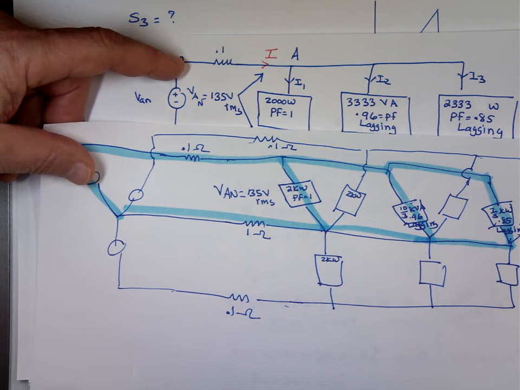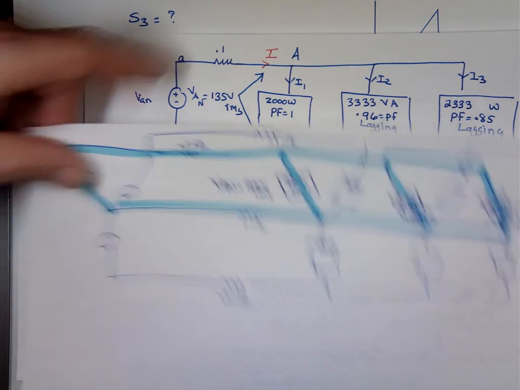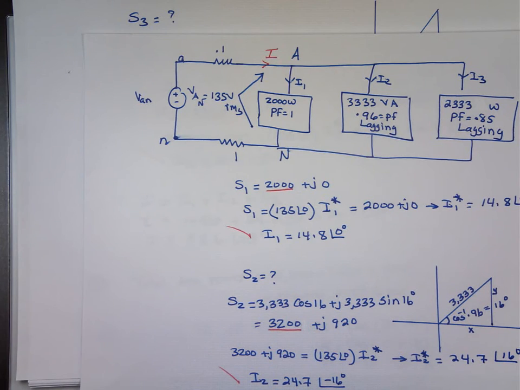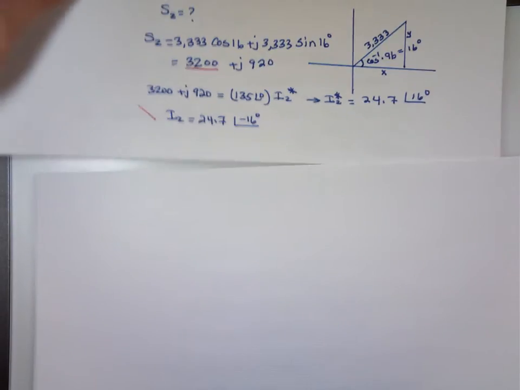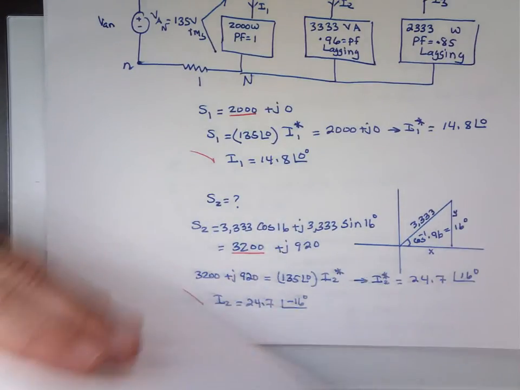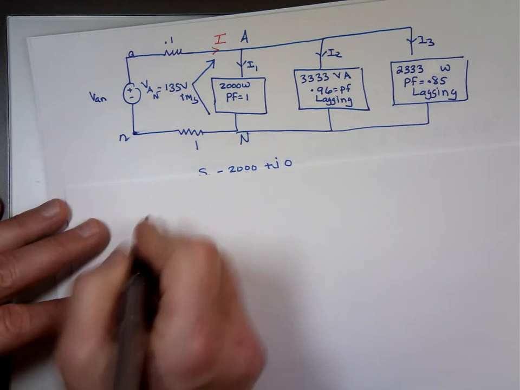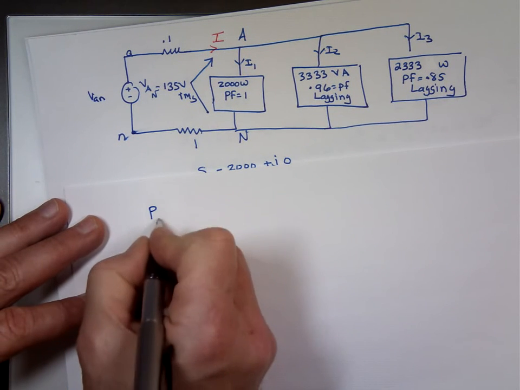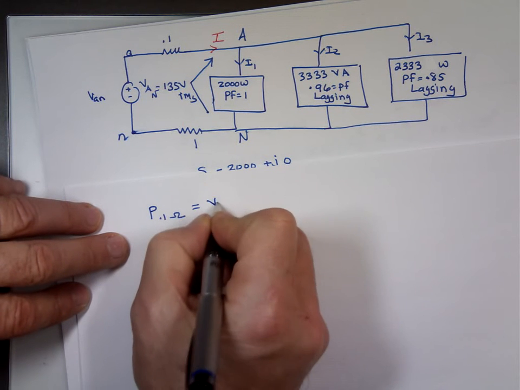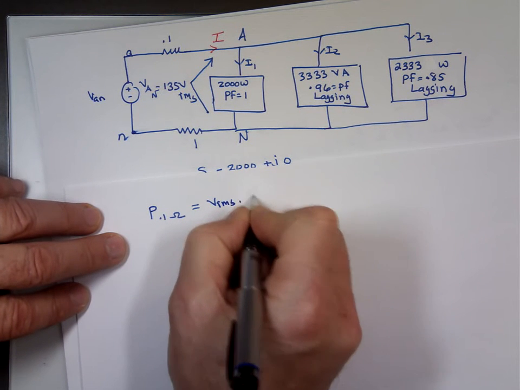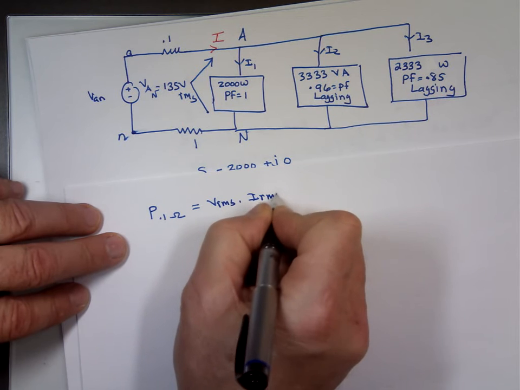Everyone see that? So let's see. Remember, these are resistors, so it's only real power. Average power lost by the 0.1 ohm resistor. Again, these are RMS values. So it's VRMS times IRMS times what?